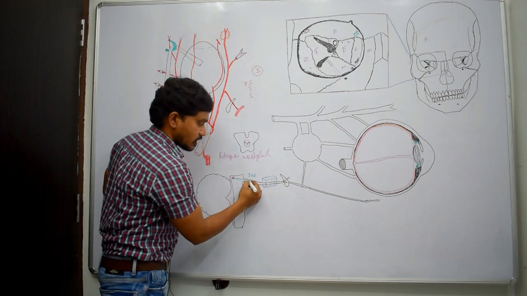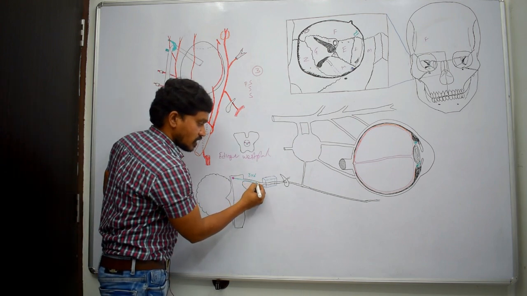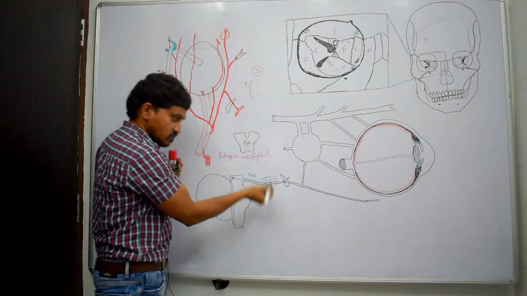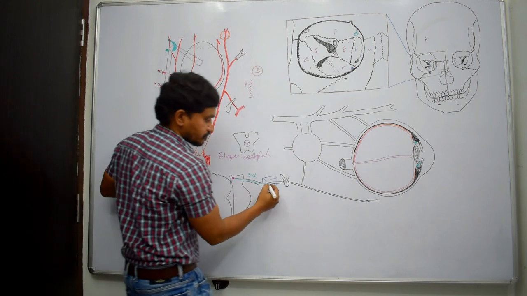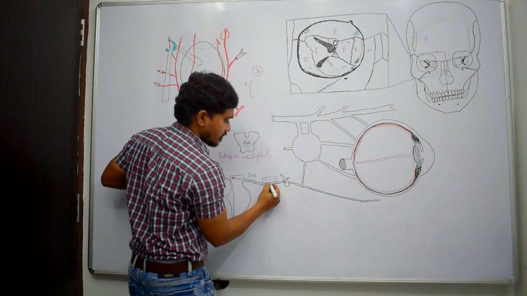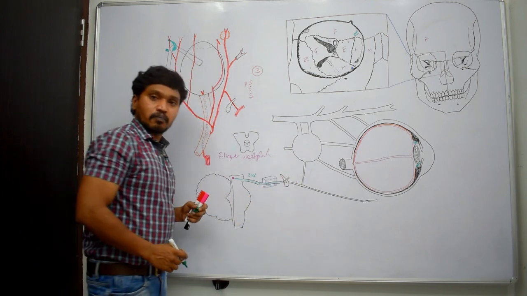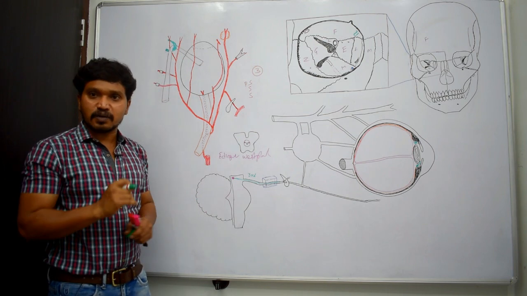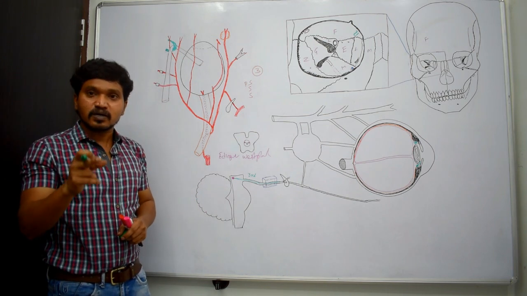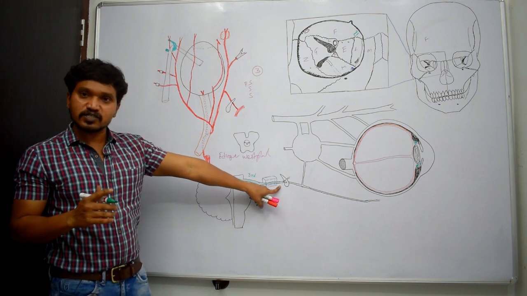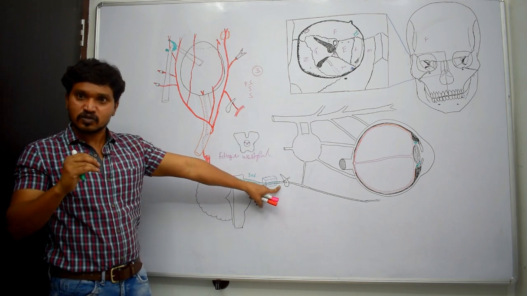The third cranial nerve passes through the lateral wall of the cavernous sinus, so these fibers also pass through that. Then this nerve passes through the superior orbital fissure. But before entering the superior orbital fissure, the oculomotor nerve divides into upper division and lower division, right?